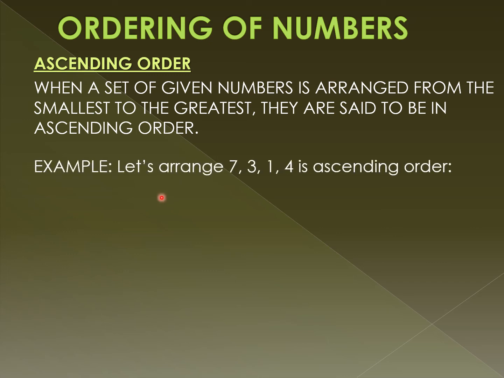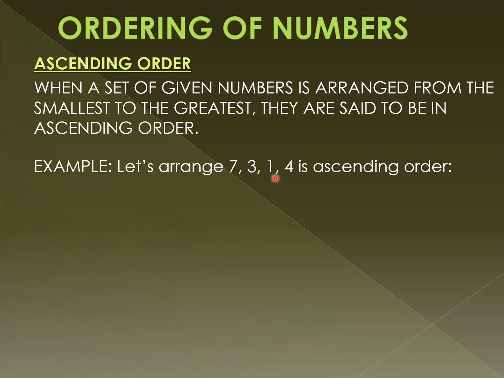Let's say we have to arrange these four numbers 7, 3, 1, 4 in ascending order. So we start with the smallest number and then we move on to the greatest number.